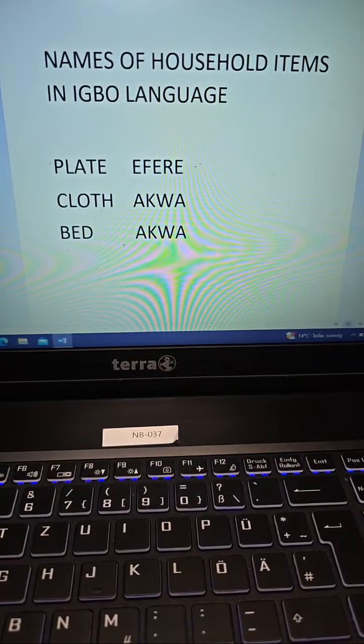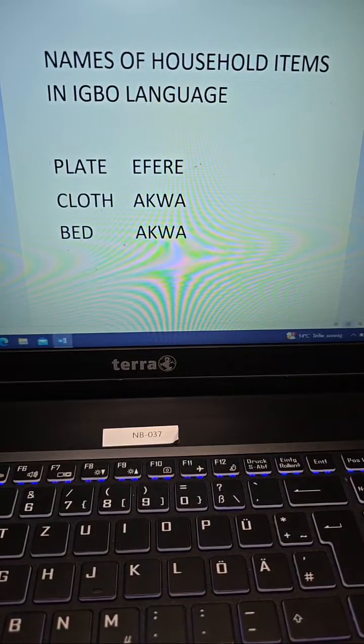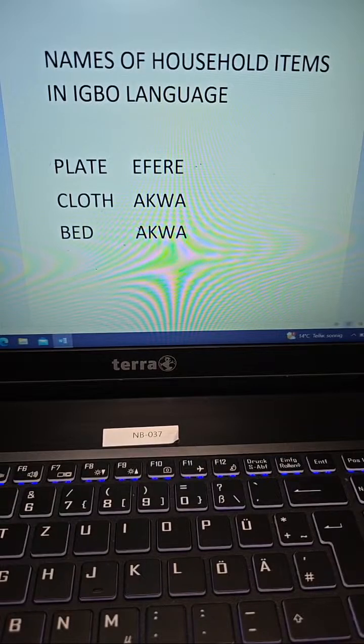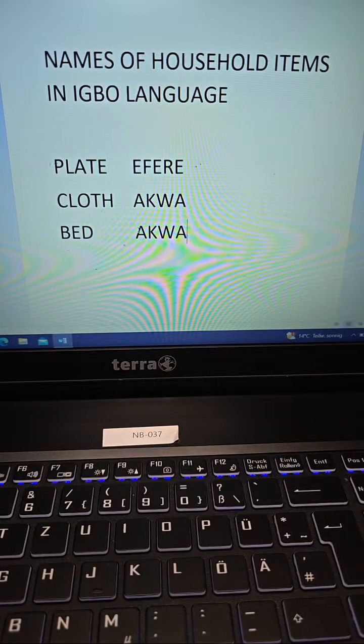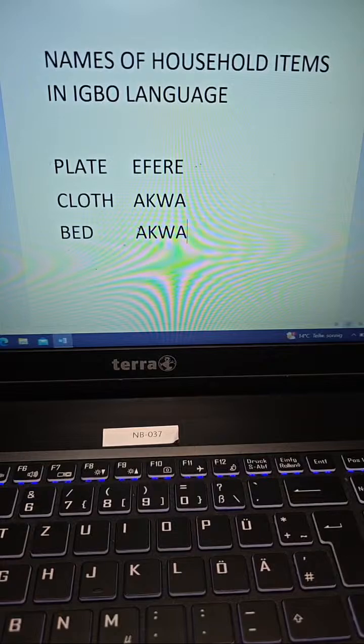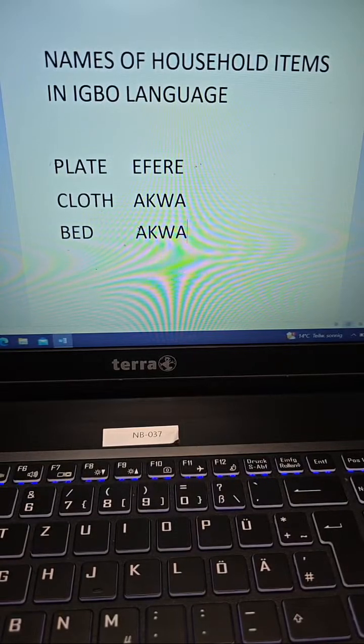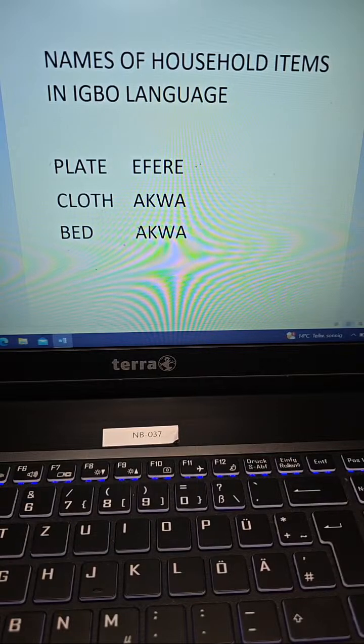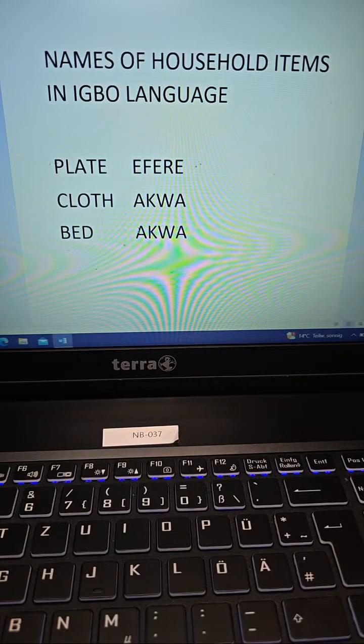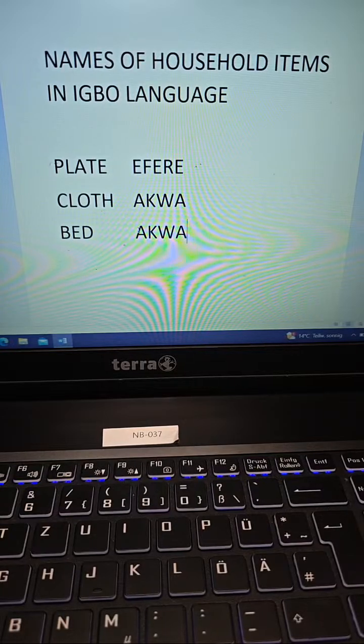Now, you can see these two words look alike, but their pronunciation is quite different. Just like I keep on telling you, if I can be able to convert my keyboard to Igbo language, then you will be able to appreciate it very well. The one for cloth is aqua, but the one for bed is aqua.